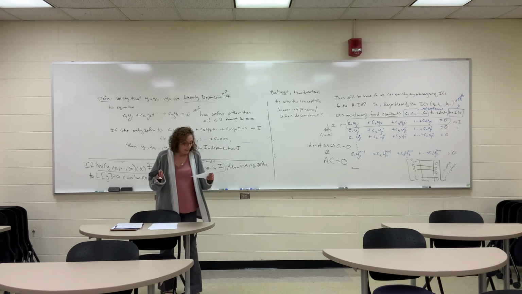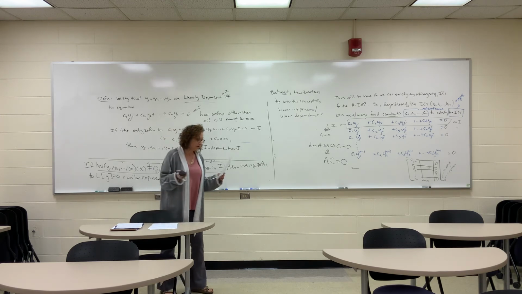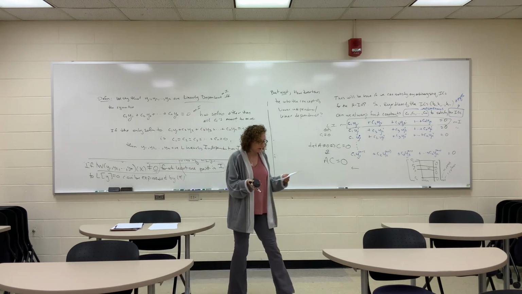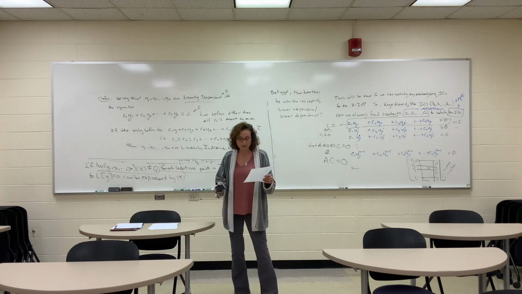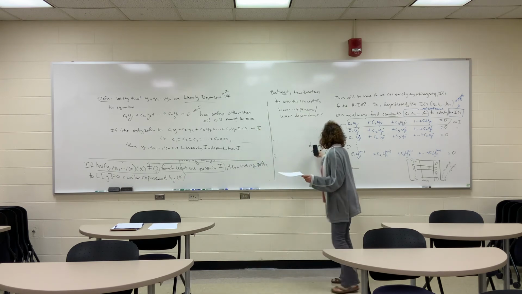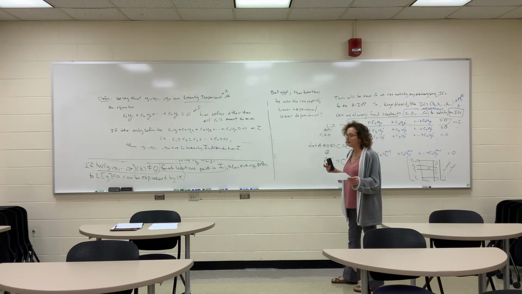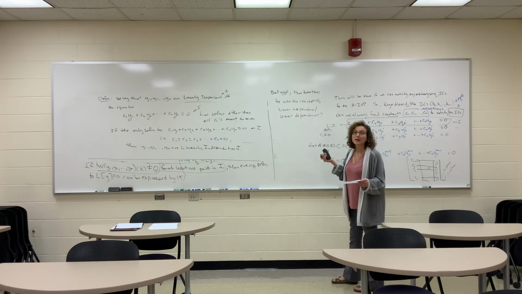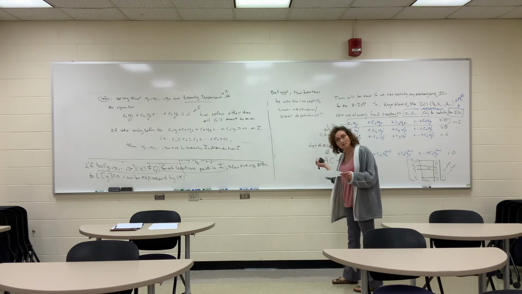Everything we wrote down last time still applies. If the Wronskian's not 0 at some point in the interval, then the functions are linearly independent, right? The contrapositive of that says that if the functions are linearly dependent on the interval, the Wronskian will be 0, okay?